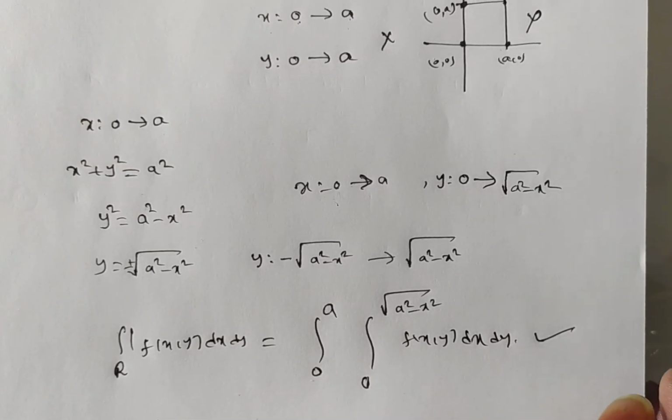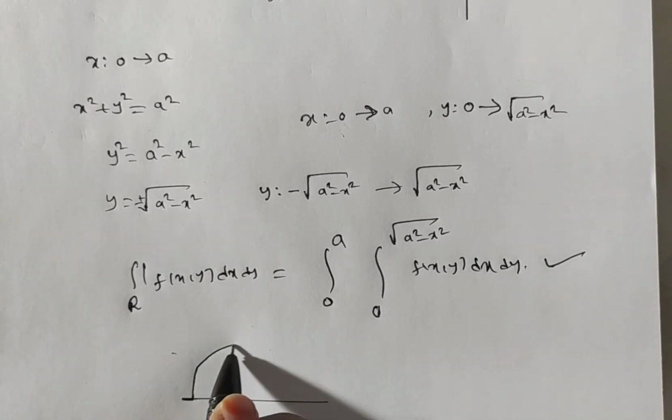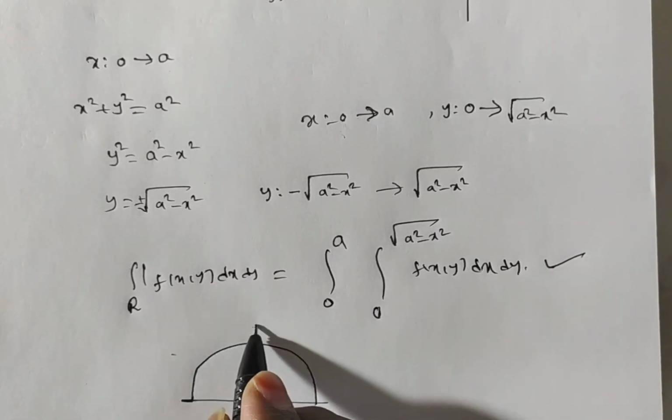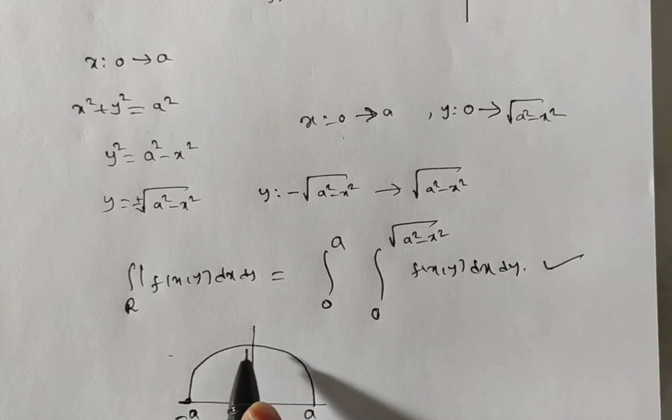Friends, can you guess what you will get if the region is given in the upper half of the circle? I am solving for this problem only. Upper half of the circle is this one, right? In this case, you observe x starts from minus a to a, and the y value is on this circle.